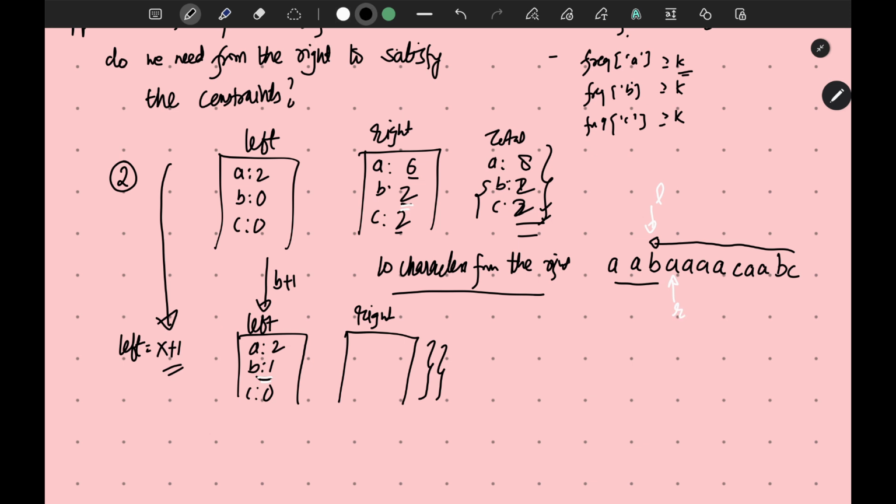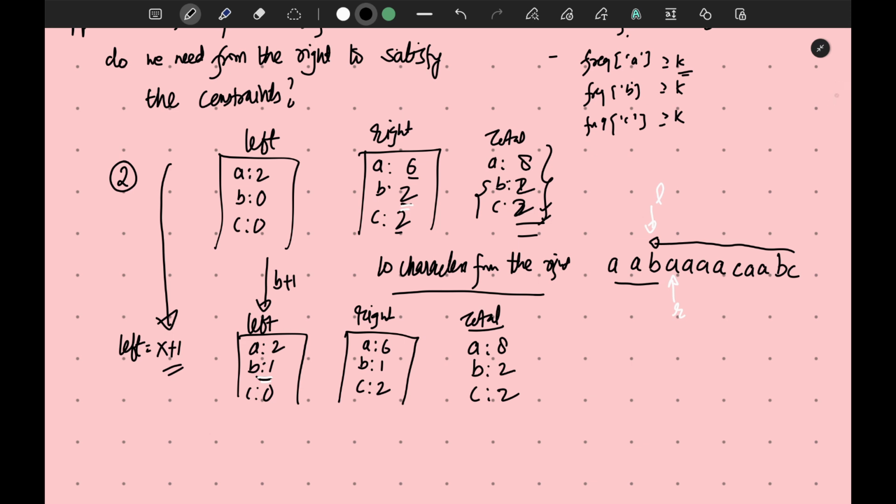In that case, from the right we would have A6, B1, and C would still be 2. Are our constraints still satisfied? Yes.